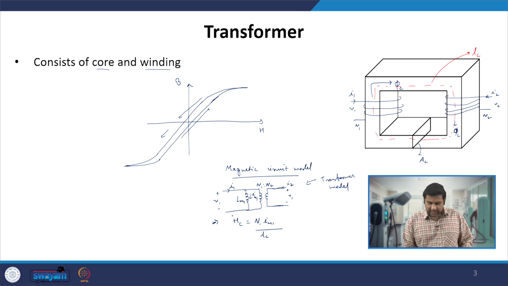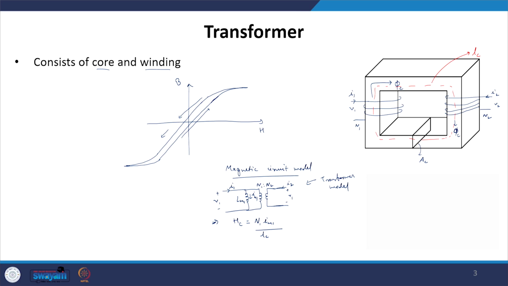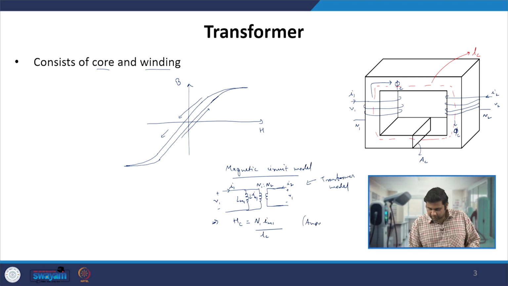This is the magnetic field generated in the core, and because of this magnetic field there will be magnetization of the core, or alignment of the magnetic domains, which leads to the net flux generated in the core. Now, this particular thing comes from Ampere's law. From Ampere's circuital law we can obtain this particular thing.